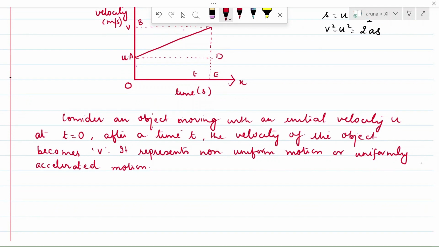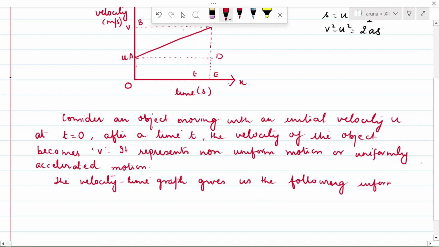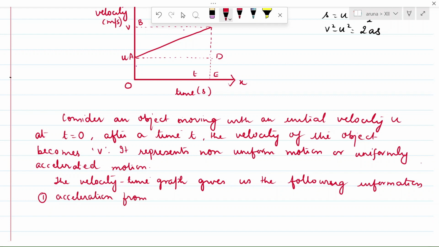The information that we can derive from a velocity time graph is quite a lot. The velocity time graph gives us the following information. First, you can find the acceleration from the slope of the graph.